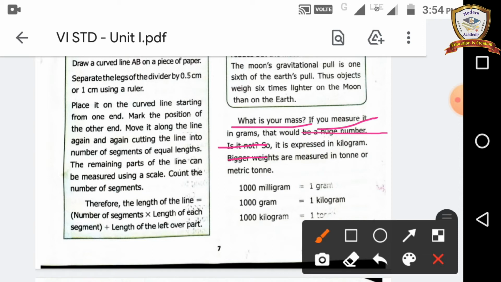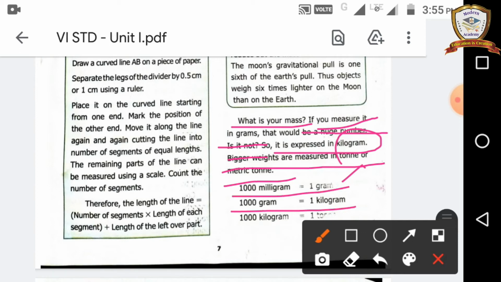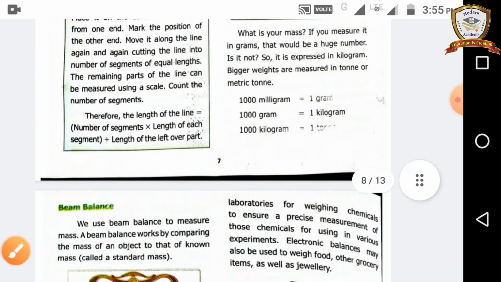So it is expressed in kilograms. Bigger weights are measured in ton or metric ton. So 1000 milligram equals 1 gram, 1000 gram equals 1 kilogram, 1000 kilogram equals 1 ton. So these are some important things.